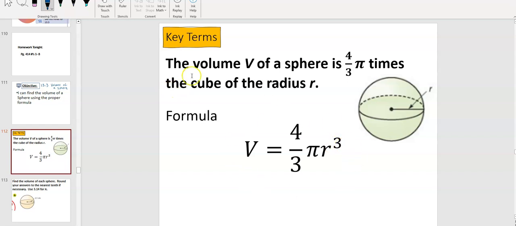Now, just like in our cones, we can actually write this lovely fraction a little bit differently. So in your notes, if you want to write it like this, doing 4/3 times something is the same as doing 4 times pi times r cubed and then dividing everything by 3.